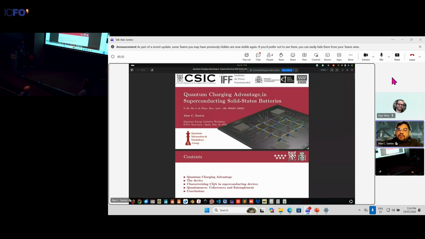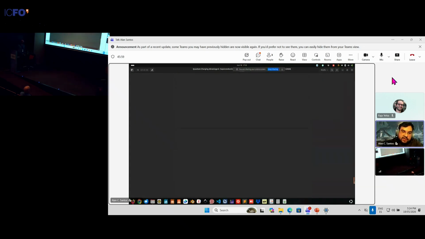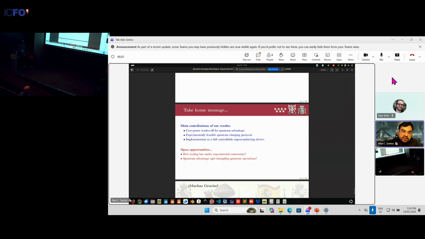Good question. In principle, as an open question here, the relation between advantage and quantum entanglement is, to me, also not clear.